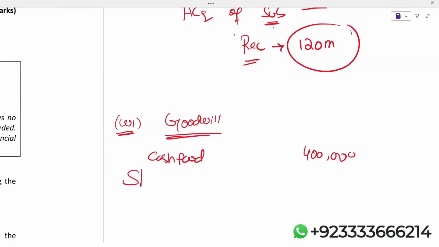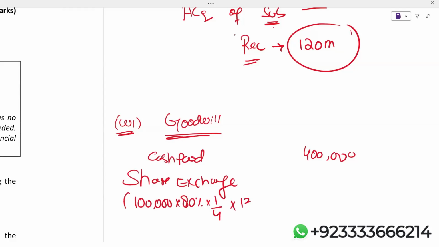Then share exchange: 100,000, 80% of that. I think it was 1 upon 4 and the share price of the parent was 13. That gave us 260.